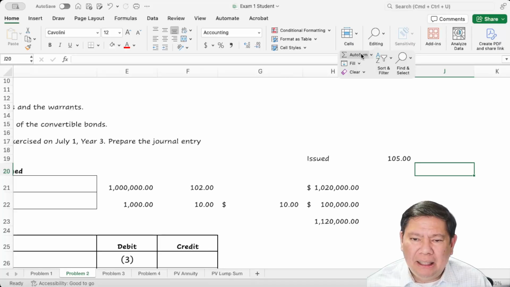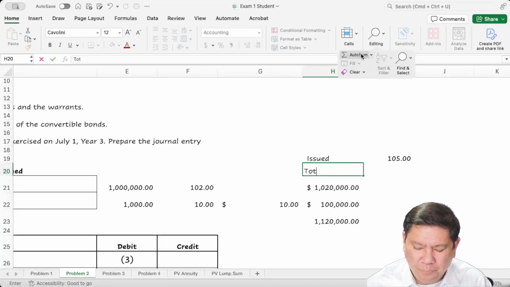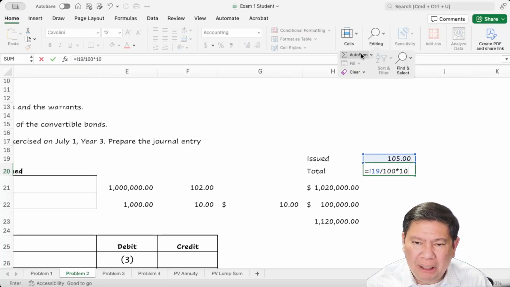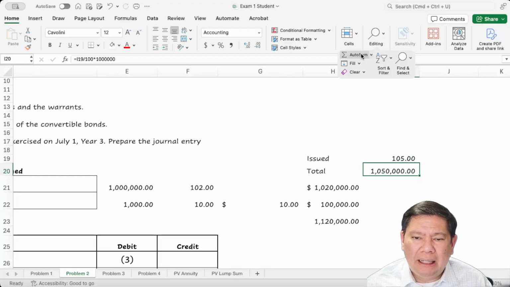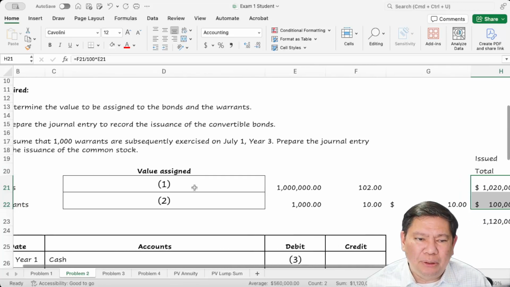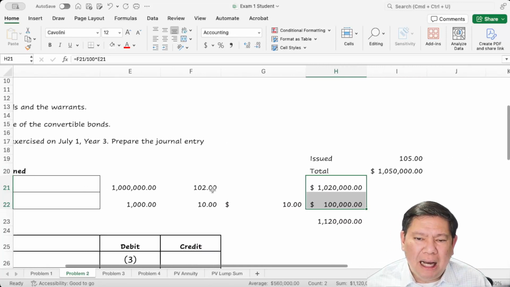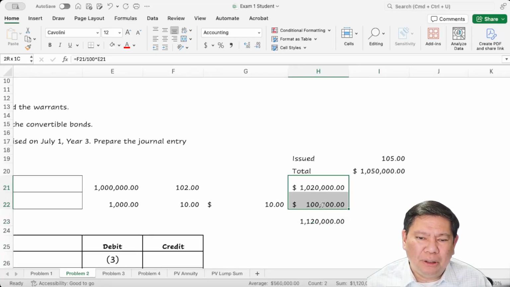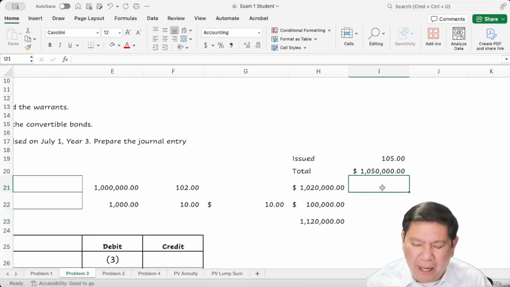Now the bonds were issued at 105, so that means the total equals 105 divided by 100 times $1 million. That's how much the bonds are sold: $1,050,000. The question is how much to be allocated to the bonds, and how much to the warrants. We're going to use the total value here as our weight.